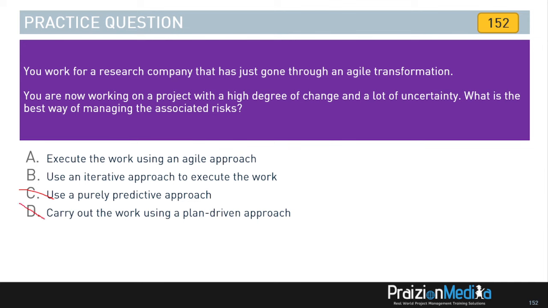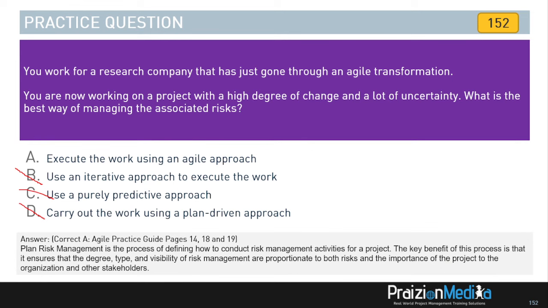And it wouldn't be to use an iterative approach because an iterative approach does not deliver as frequently. So you want to use an agile approach, and that deals with change and uncertainty. Taking a look, answer A is backed up, Agile Practice Guide, pages 14, 18, and 19.